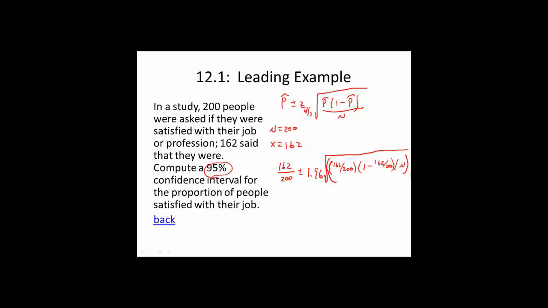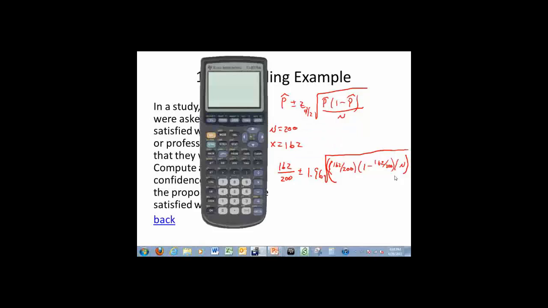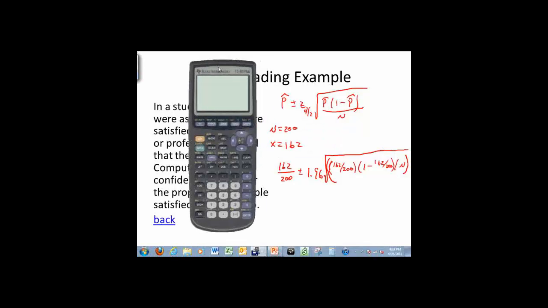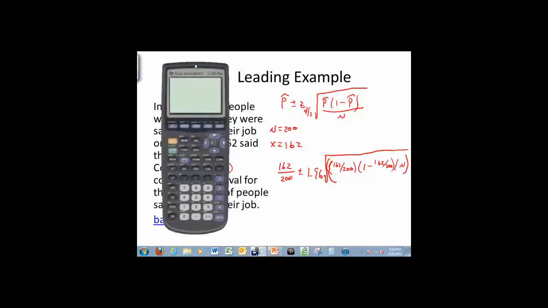The reason why I'm doing this is I want you to see how to enter it into the calculator so that we don't have any computational issues when it comes to our computation. So I'm going to go ahead and pull up my calculator here, and if you guys want to follow along with the computation here, and then we'll just discuss some of the other stuff as we go along.